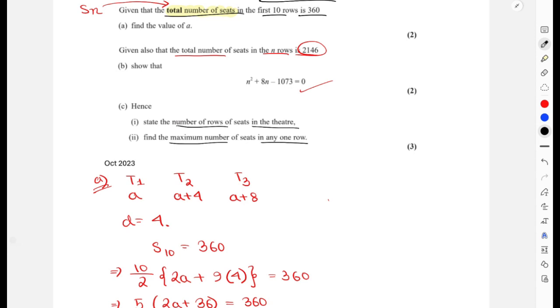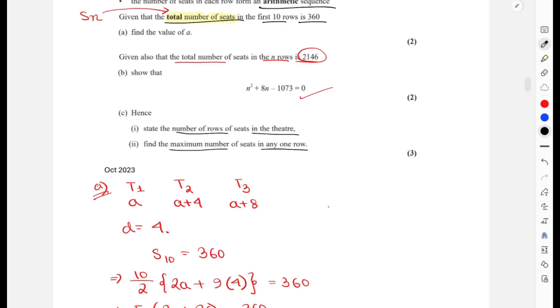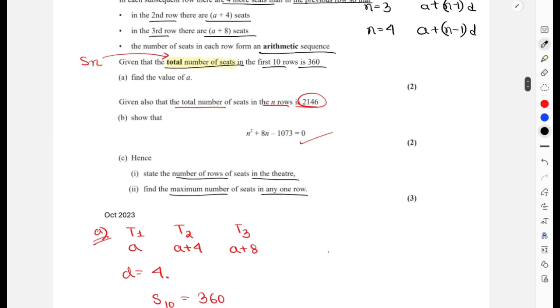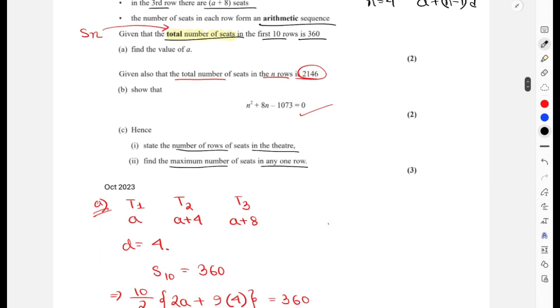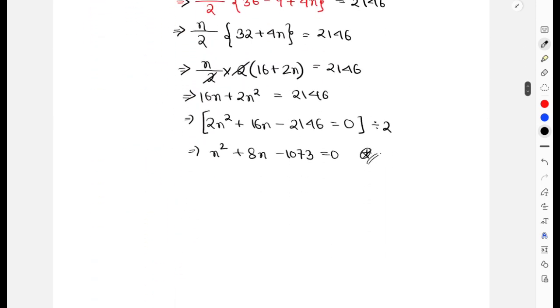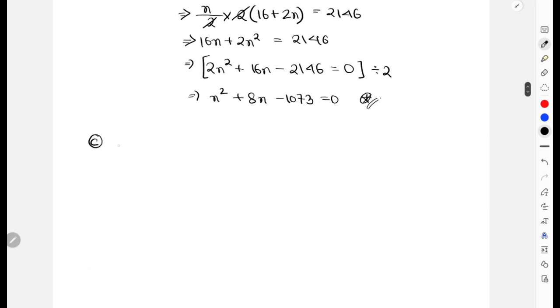So n here was the number of rows, right? In order to calculate the value for n, that will give you the number of rows. So for part C, we have to first calculate the value for n. Let's just calculate this.